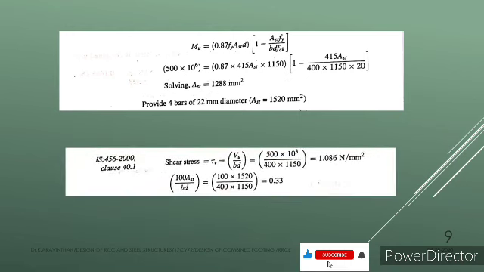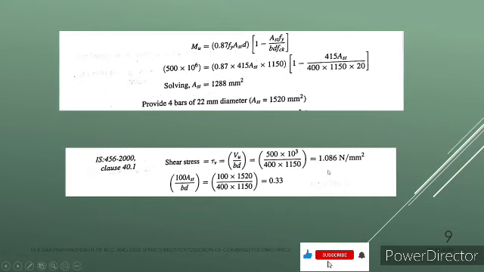And after providing the bars, let us go for the shear stress. For finding the shear stress, tau V, we already assumed tau C, and now we are finding the tau V, that is Vu by Bd. The shear force is 500 into 10 power 3, B is 400, D is 1150.